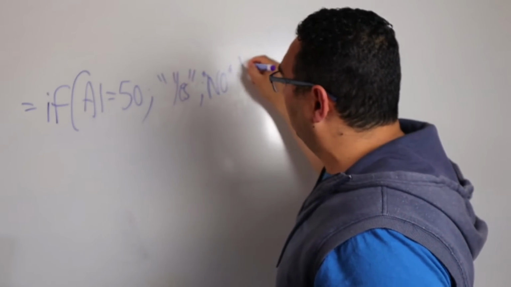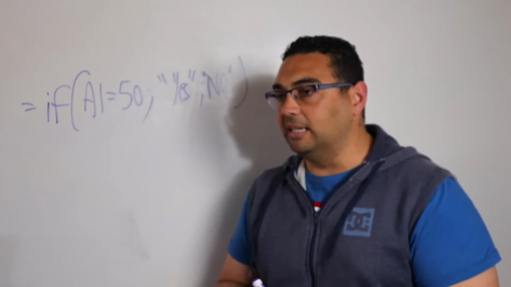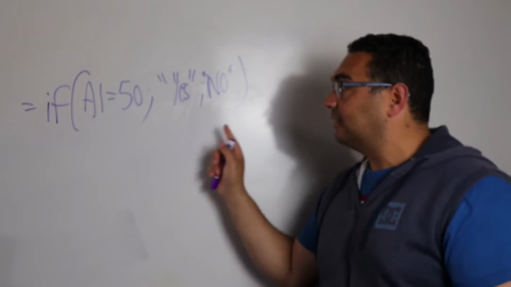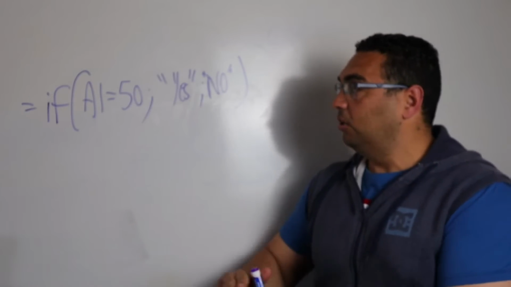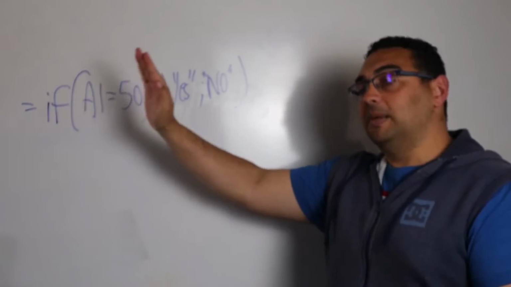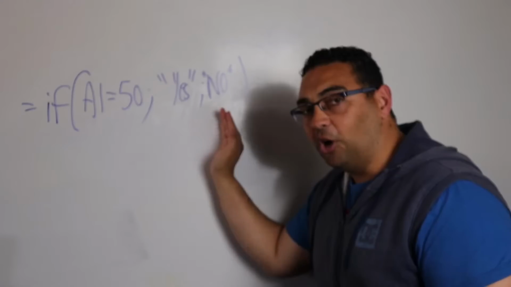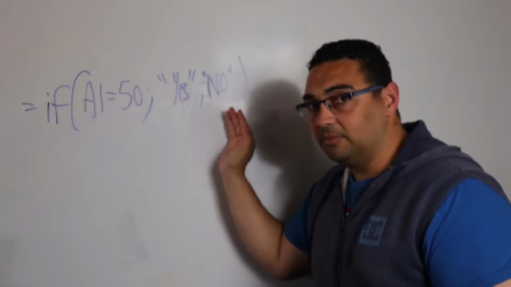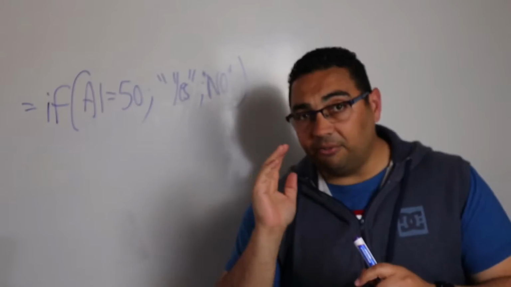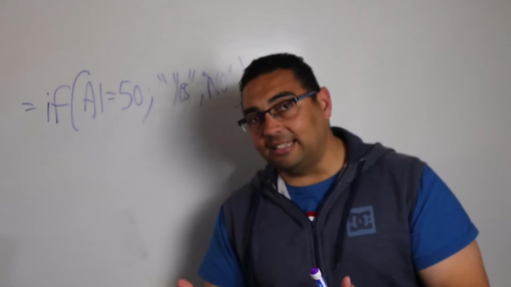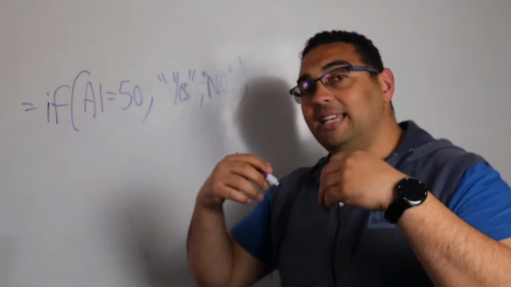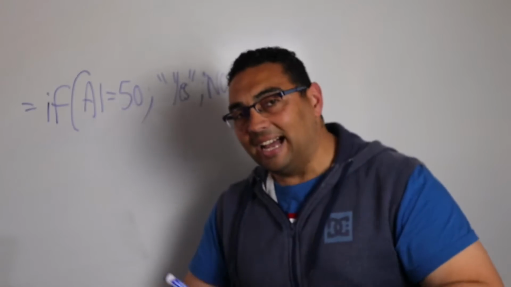And if not, it must display the word no. So please, there are three parts: your criteria, what must happen if it matches, and what must happen if it does not match. Are we together? Now, having said that, a nested if puts an if statement inside an if statement.